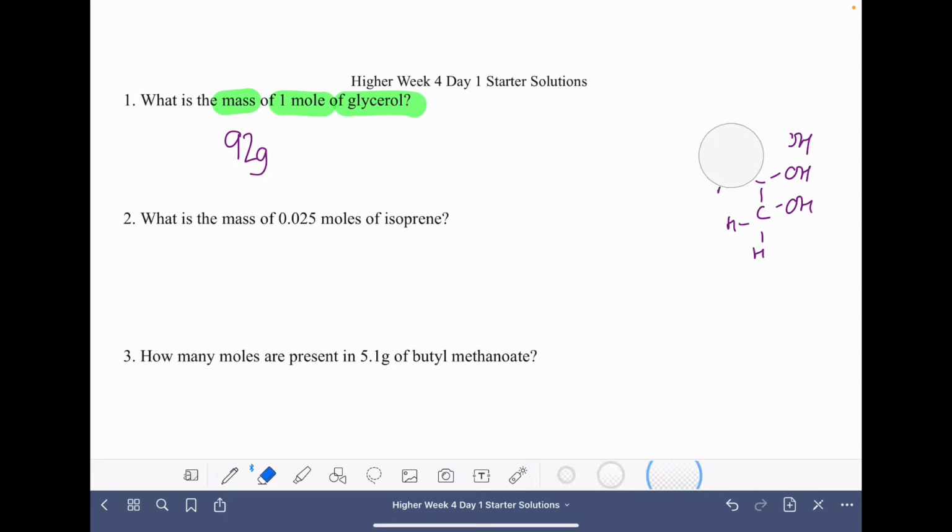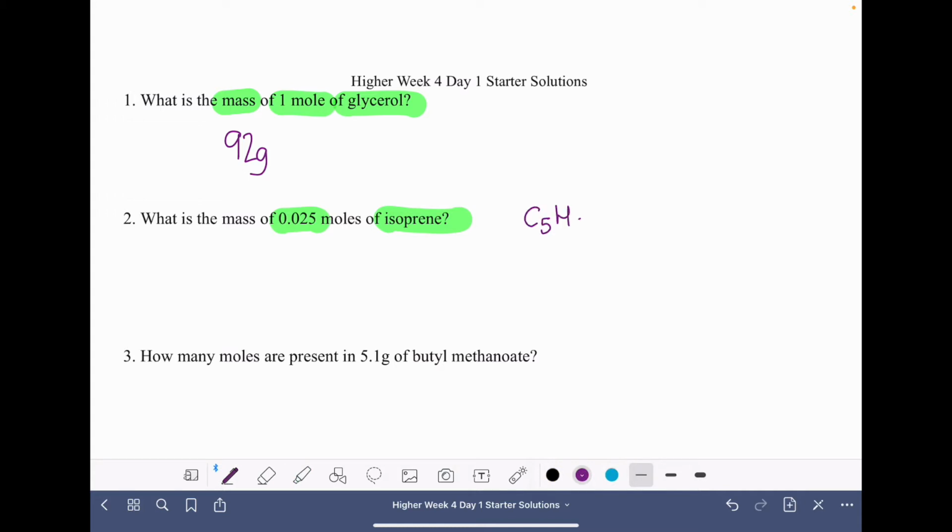Our next question is the mass of 0.025 moles of isoprene. So remember, the isoprene unit has the formula C5H8. It's got 2 double bonds in that carbon chain of 4 carbons, and it looks like this.